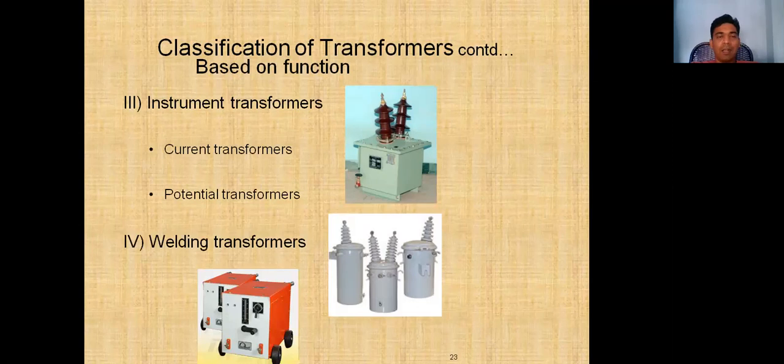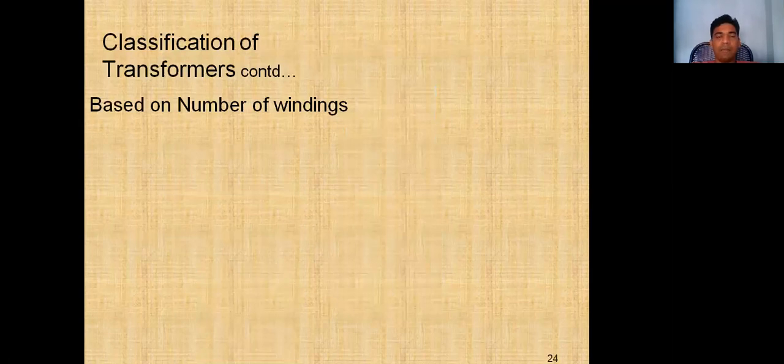And a welding transformer is a special transformer whose output is the high current, low voltage type. Welding transformers are step-down transformers, but they are high current, low voltage transformers.